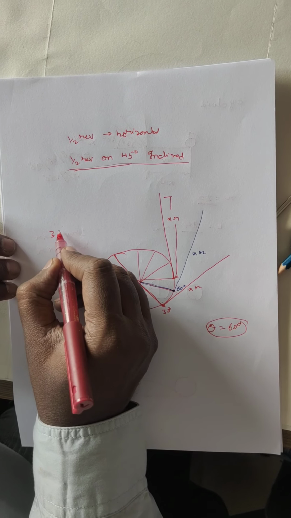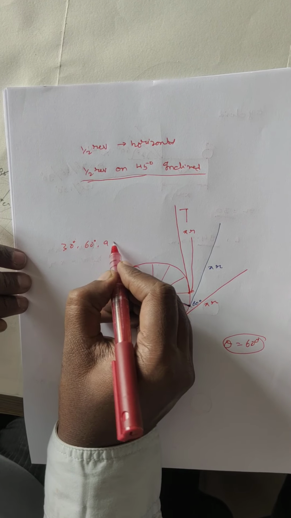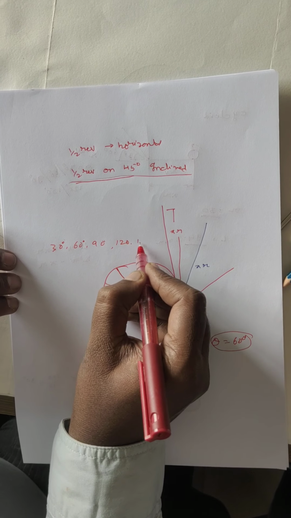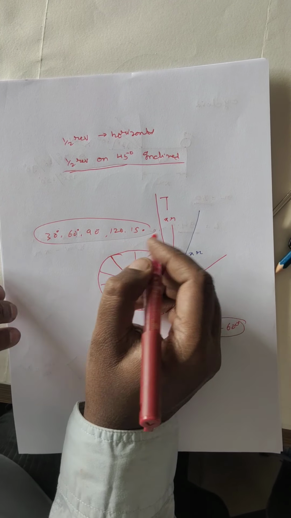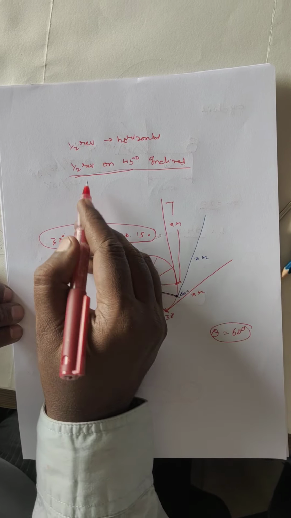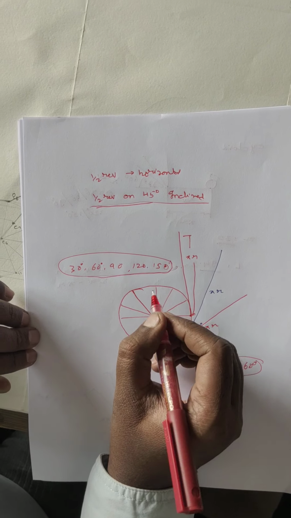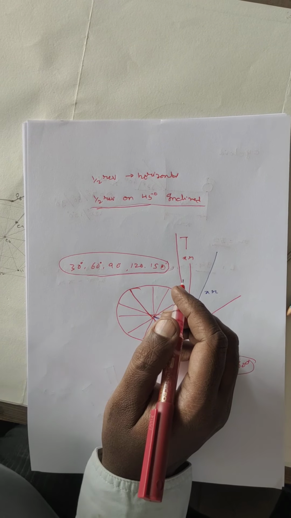If it is 30, 60, 90, 120, 150, we know, just now we did. But if it is given as 45 degrees, how should we solve this? This is your question.